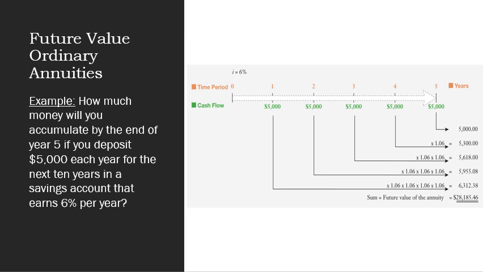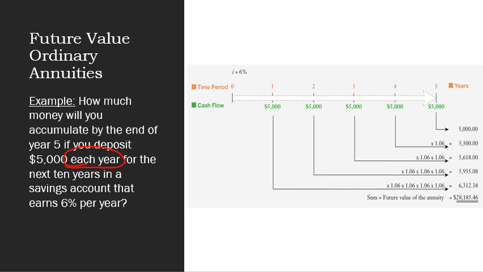Look at the example of an ordinary annuity. How much money will we accumulate by the end of year 5 if you deposit 5,000 each year? How do you know this is an annuity? Because of this phrase, each year.